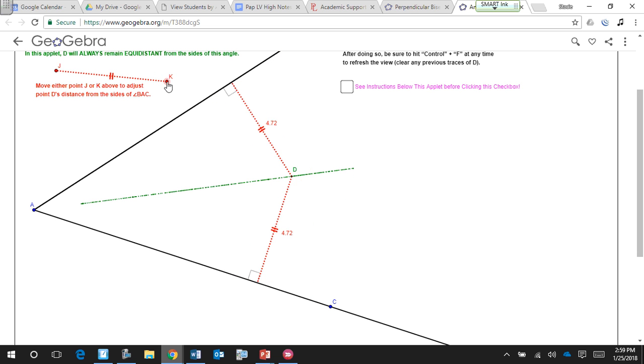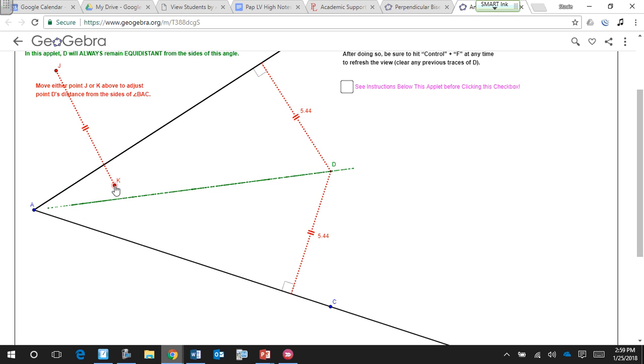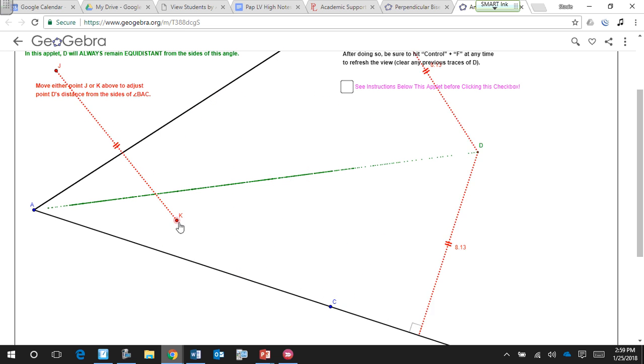So these segments from the point on the angle bisector to the sides are the same. So when we bisect the angle, it's going to be the same distance away from the sides, equidistant from the sides. So, important point here. Bisect the angle, it's equidistant from the sides. Bisect the sides perpendicularly, it's equidistant from the angles.